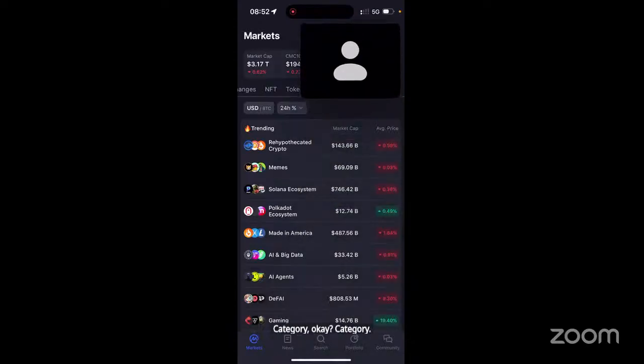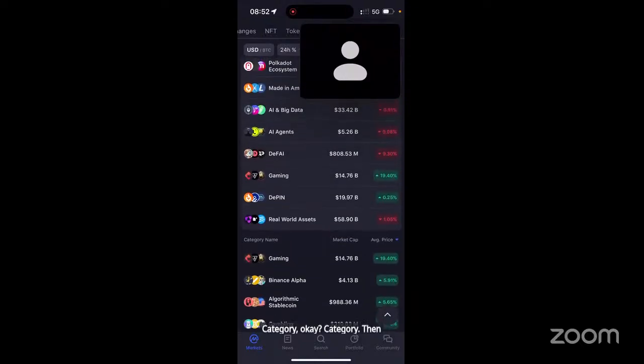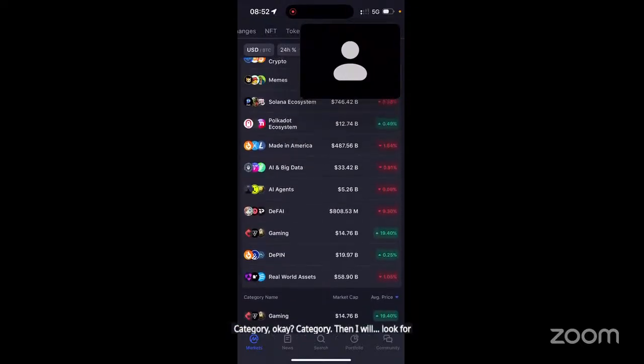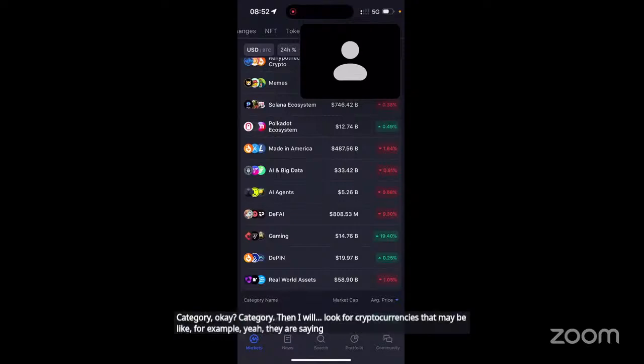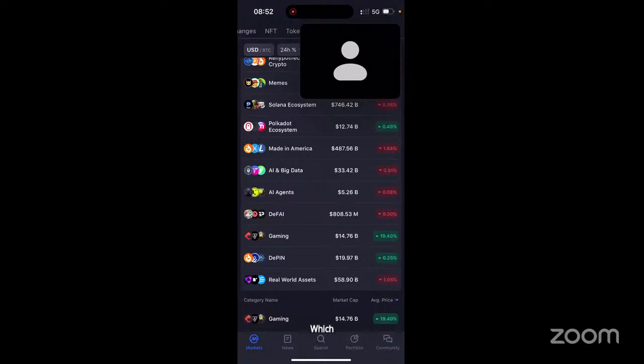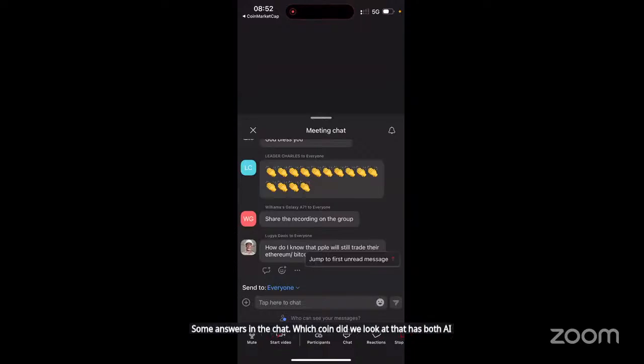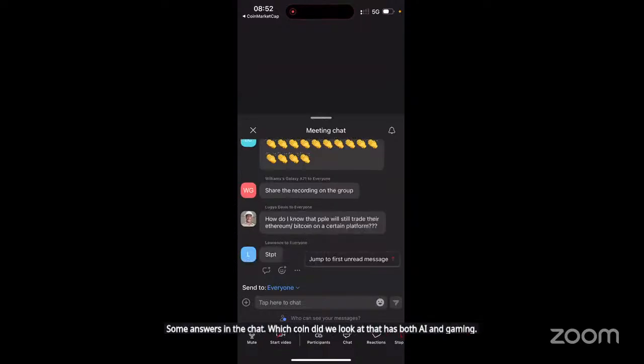Then I will look for cryptocurrencies, for example, here they are saying gaming. Gaming is up 19%. Which coin did we look at that is both AI and gaming? Some answers in the chat. Which coin did we look at that has both AI and gaming?